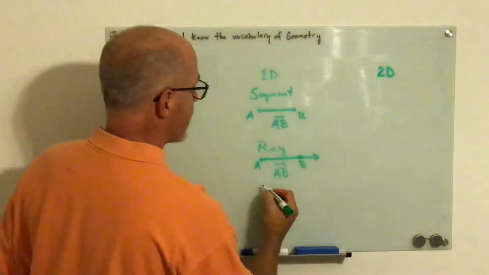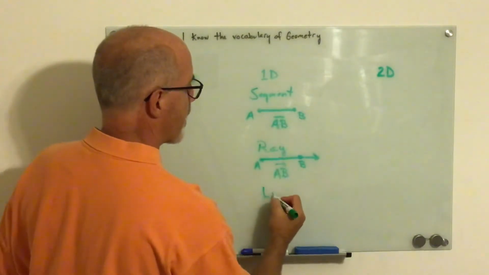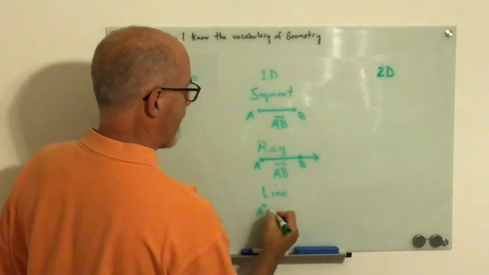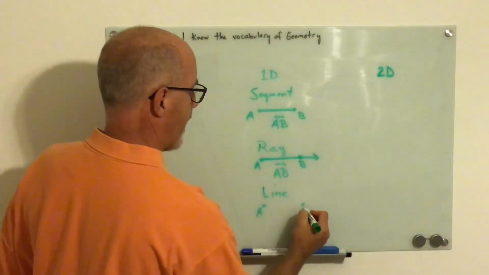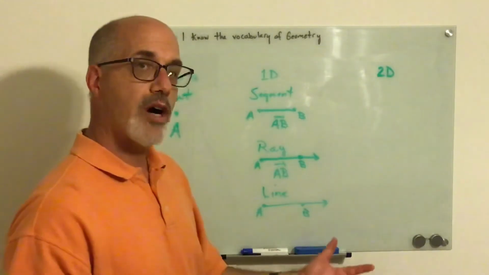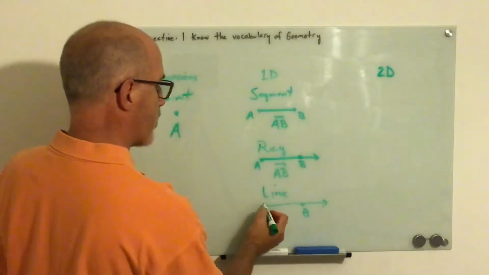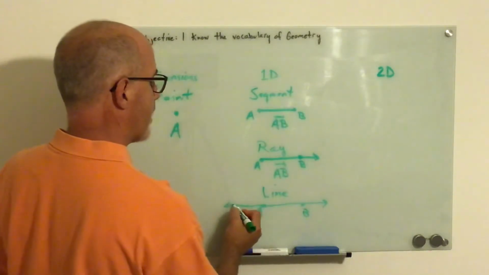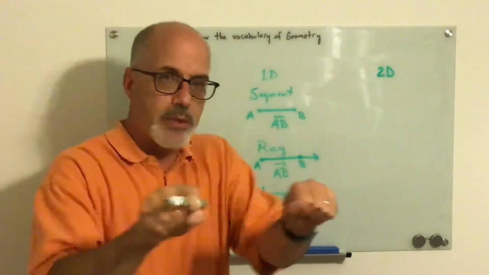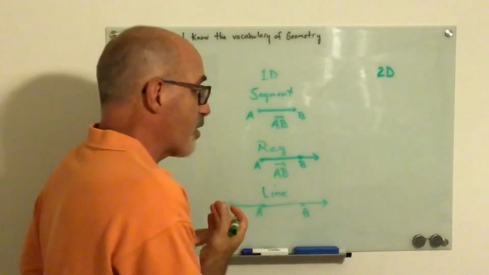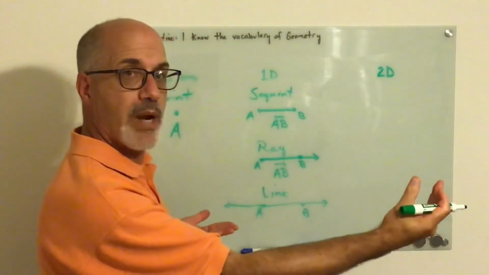And lastly, in 1 dimension, we're going to talk about a line. Okay, a line is where I've got that ray that we just did, A and B, and it's a ray in this direction. And if we draw a ray in the other direction starting at A, notice these are opposite rays. Those opposite rays, when you put them together at A here, form a line, something that goes infinitely in both directions.